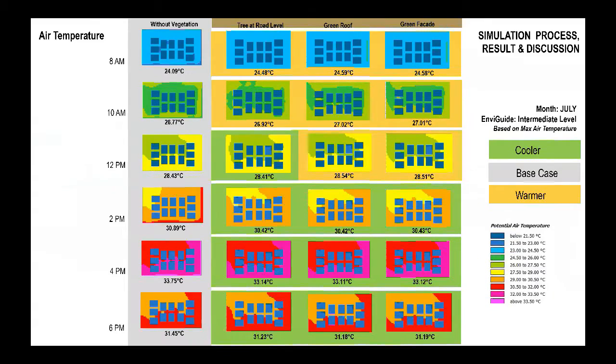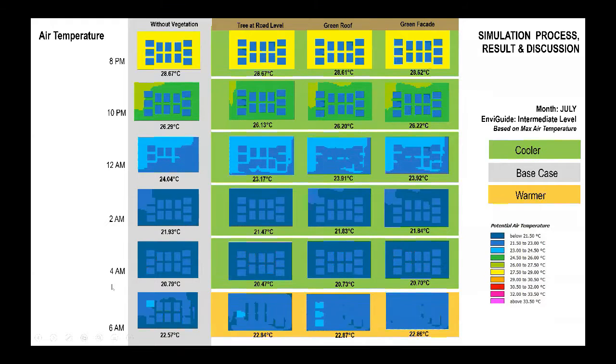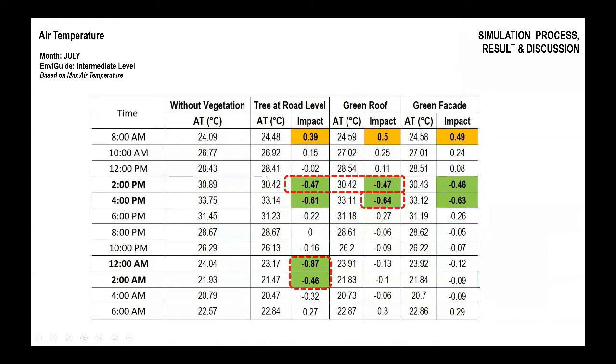And by the simulation for the month of July, we can see, if we compare it with the base case, green intervention is having positive impact in terms of reducing the air temperature from 12 a.m. up to 4 a.m. And at 2, both the plants at street level, intervention 1, and intervention 2 are having excellent results.